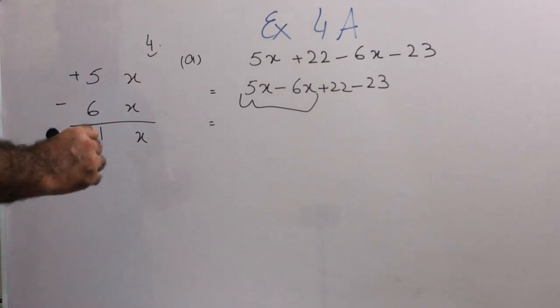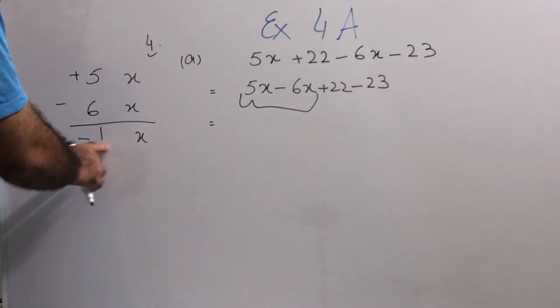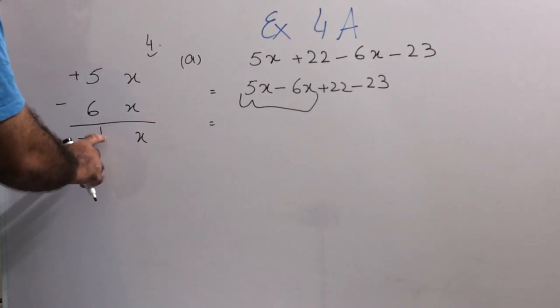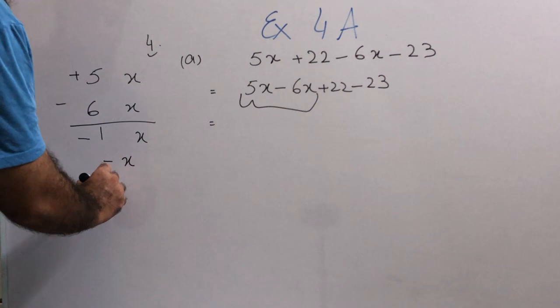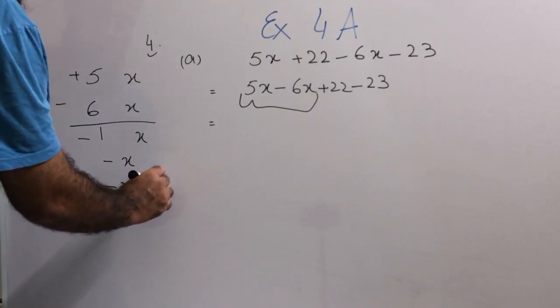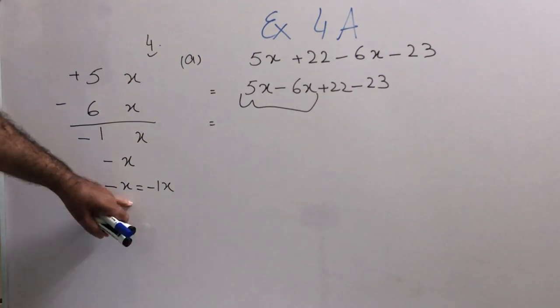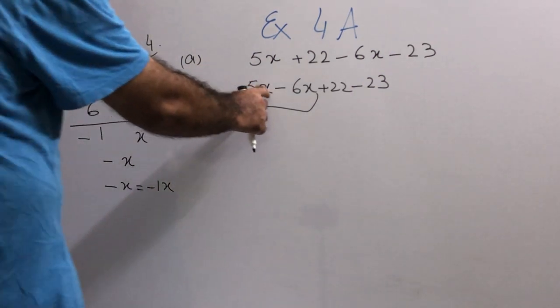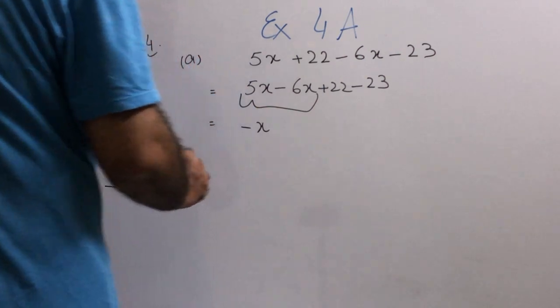But in the algebraic language we know that when x has a coefficient of 1, we usually don't write 1. We write simply minus x. So minus x is equal to minus 1x. Both are the same. So we can write minus x. Okay. So 5x minus 6x, it becomes minus x.